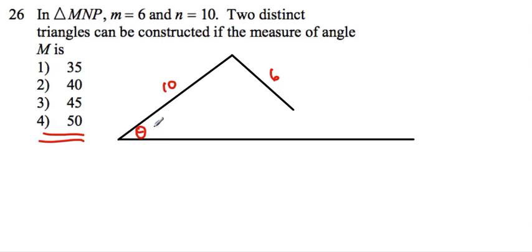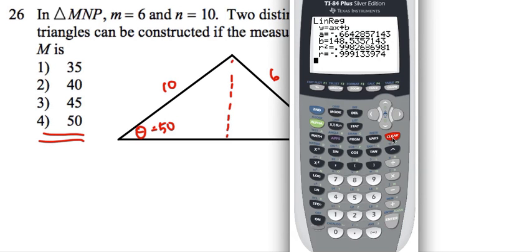In this case, if it is 50, our height would have been sine of 50 times 10. So let's look at it. 10 times sine of 50 degrees. That would have been 7.66. The height of the triangle would be greater than 6. So therefore, we cannot even make the triangle. So 50 would be out.